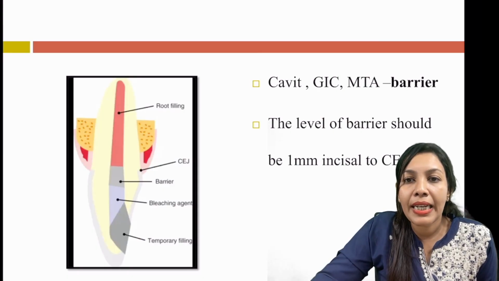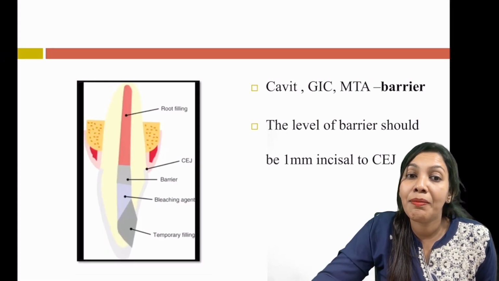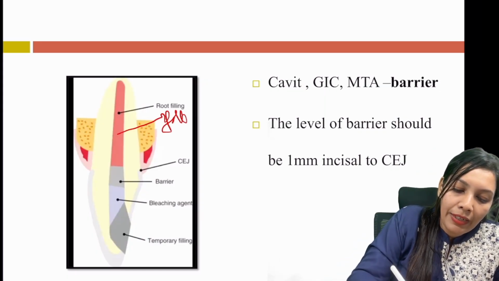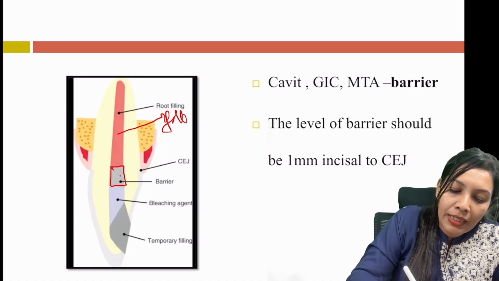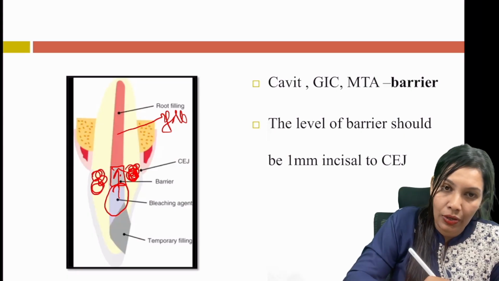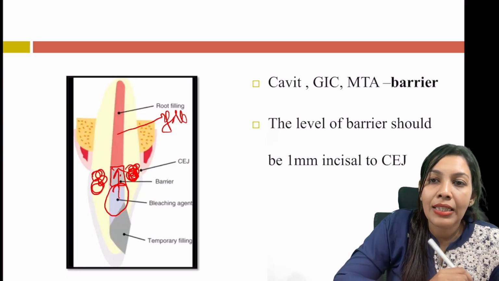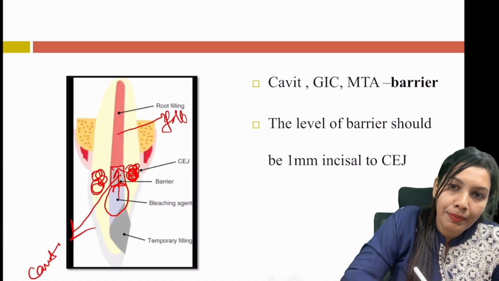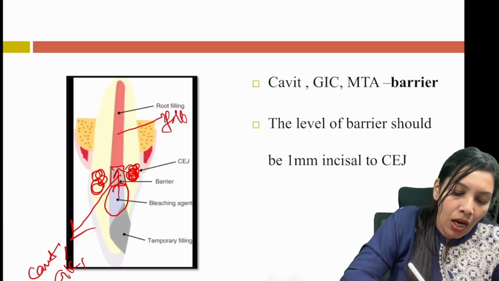So what are the materials that we use as a barrier? Whenever there is a root canal filling, we place a small barrier on top of the gutta percha, because bleaching agents have the capacity to penetrate deep down, and it may cause a deleterious effect on the dentin, like resorption, etc. So to prevent that, we place barriers like Gavit, GIC or MTA.